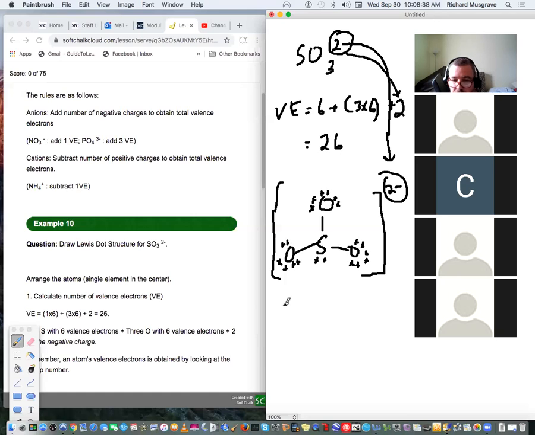So the number of double bonds here would be 0, and the number of lone pairs would be 1, 2, 3, 4, 5, 6, 7, 8, 9, 10. So that one would be 10. Somebody has said 10 earlier for the other one. Does anybody have any questions?